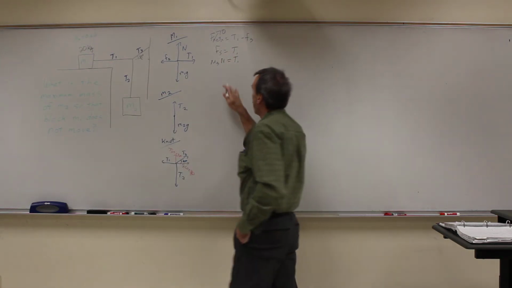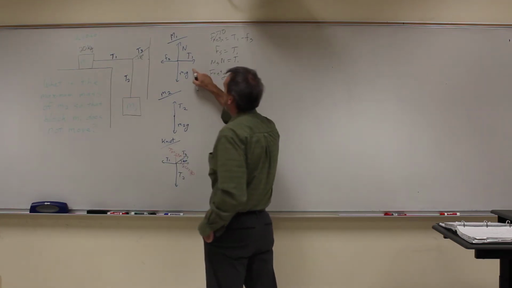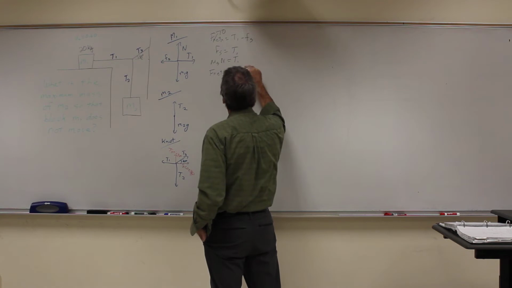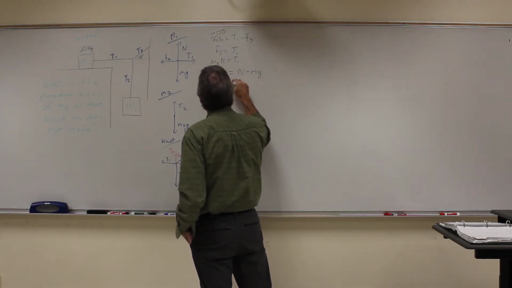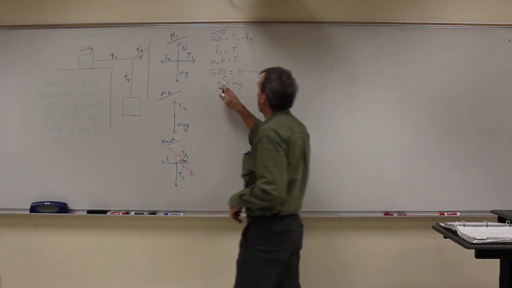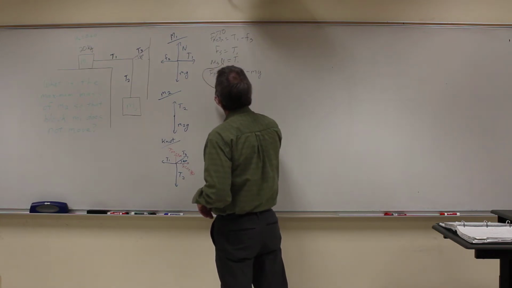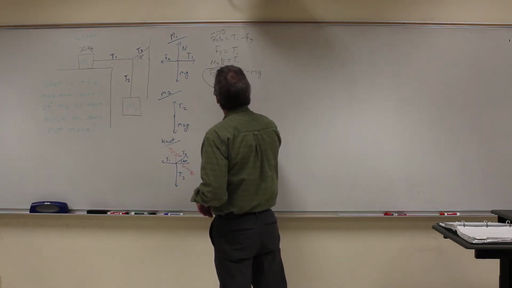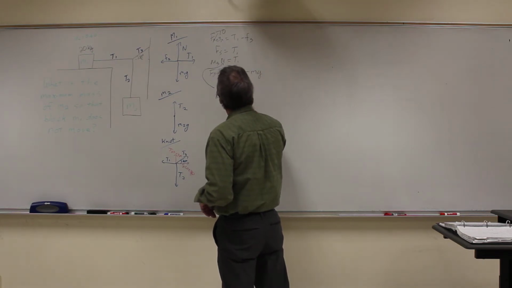And to get the normal force, we have to do F net Y. So F net Y is going to be equal to the normal force minus mg. This is 0, so the normal force is just equal to mg. Then we can plug that back into here. So I'm going to plug this into the normal force, and we get mu sub s times, and we got to be careful, this is m1, m1g is equal to T1.